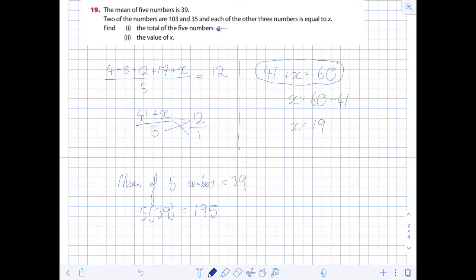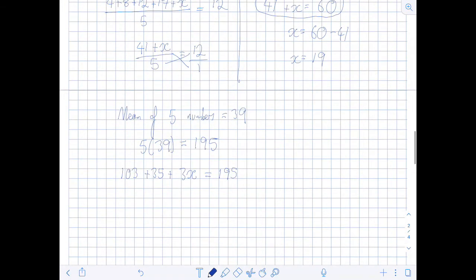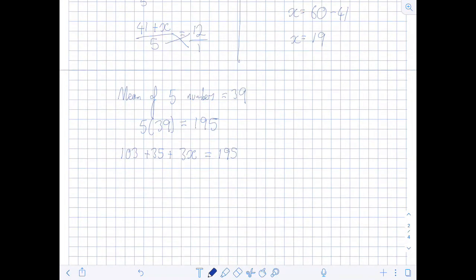Now, the value of x. We now know that when we add 103 plus 35 plus 3x together, the answer should be 195. So we're adding all our numbers up, and they should equal 195.